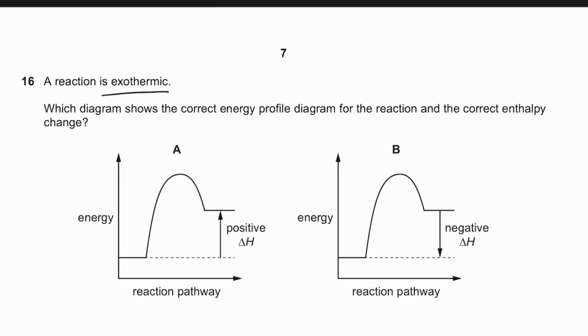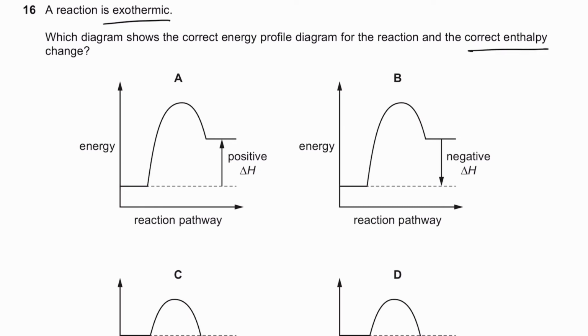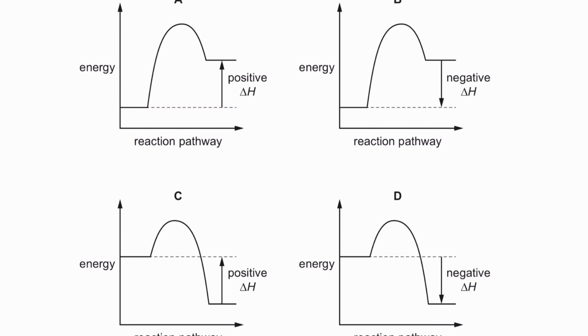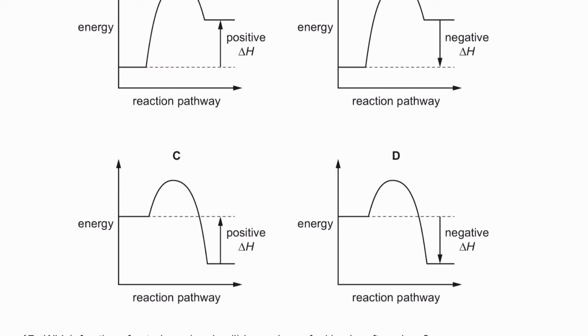A reaction is exothermic. Which diagram shows the correct energy profile diagram for the reaction and the correct enthalpy change? It's exothermic, meaning the product is going to have less energy. So option A and option B can be cancelled. Next, we must have the correct enthalpy change.